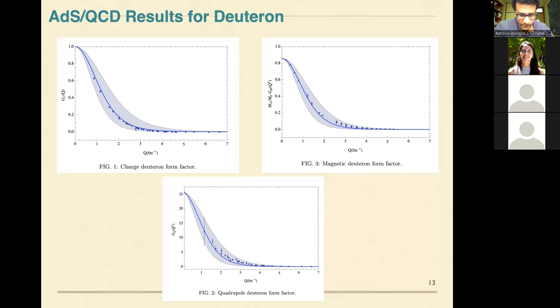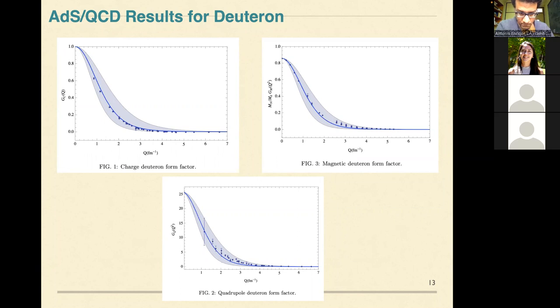With Valery Lubovinsky, we use this in order to get the form factors of the deuteron. These are the results. I want to show you this so that you can appreciate the power of AdS/QCD. There are only 2 parameters here.